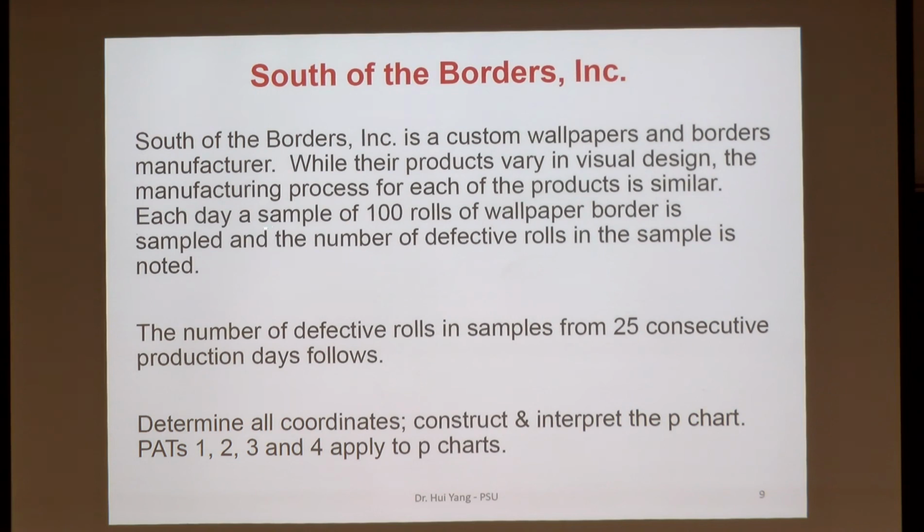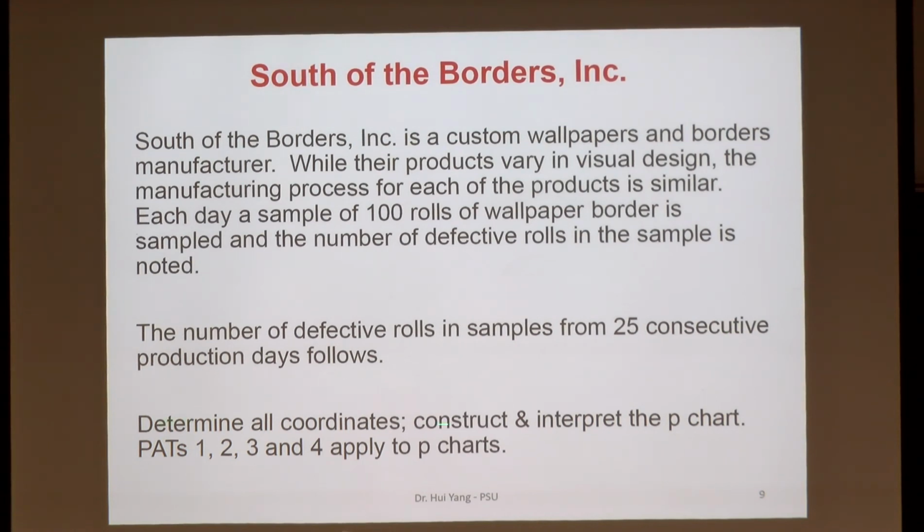So when you print wallpapers, you're going to print them in large quantities. Each day a sample of 100 rows of wallpaper border is sampled. Each day you collect a sample that includes 100 rows of wallpaper. Then the number of defective rows in the sample is noted. The number of defective rows in samples from 25 consecutive production days follow.